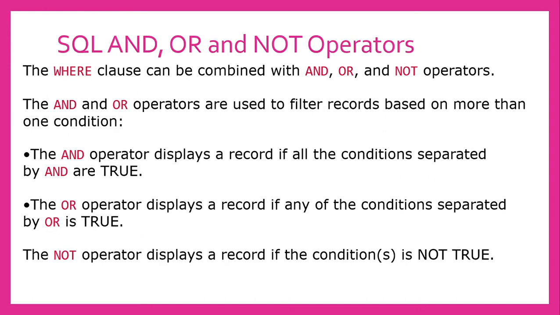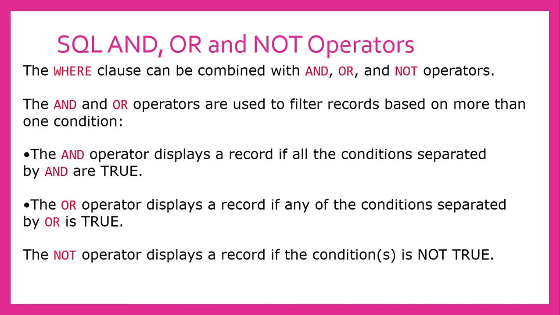Now next is the SQL AND, OR and NOT operators. These operators are used with the where clause. So the AND operator is used when, if we put two conditions, then it should satisfy both the conditions, or both the conditions should be true.